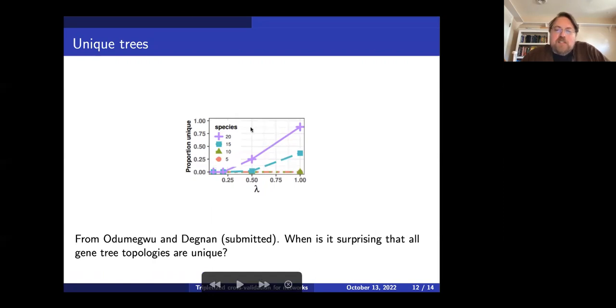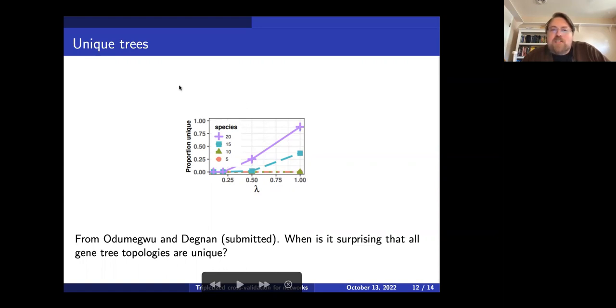Okay, and then there's other things to do here too. This plot is just based on true gene trees that are just generated under the multi-species coalescent. So if you have gene trees that are estimated from DNA sequences, then that adds noise. So the proportion that are going to be unique is going to be higher than what's observed here. And we did some of that.